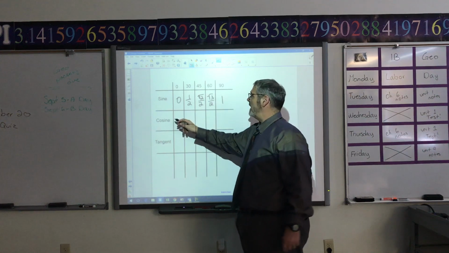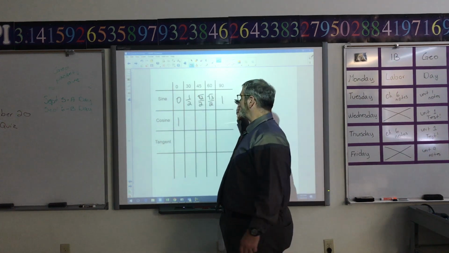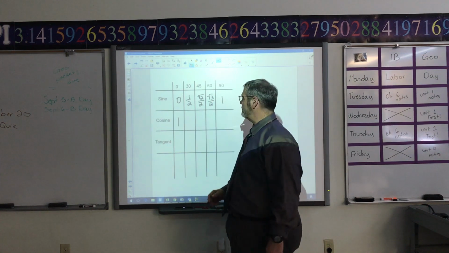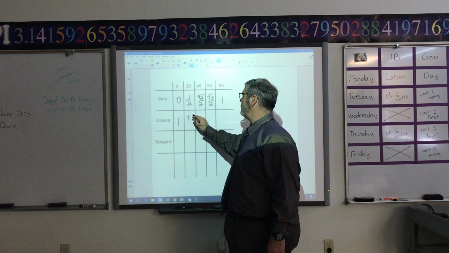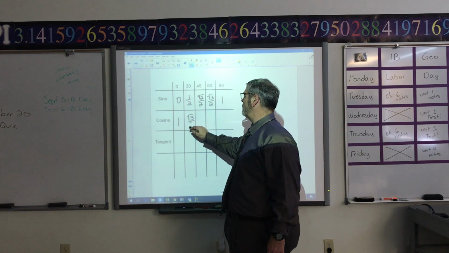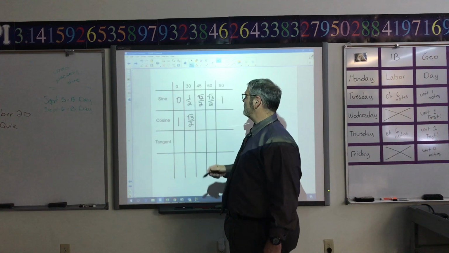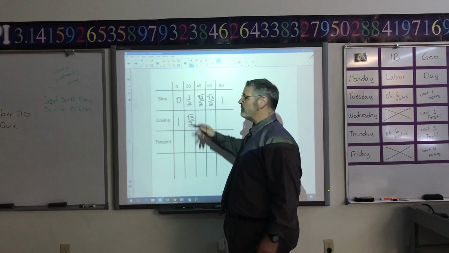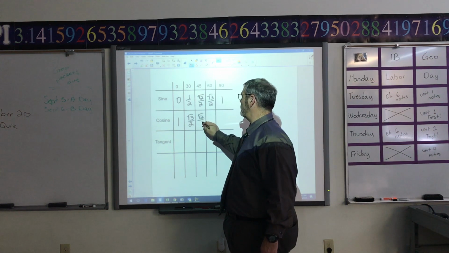The cosine of 0 is 1. You'll see that it's the same thing in the opposite direction. The cosine of 30 degrees is square root of 3 over 2. The cosine of 45 is going to be the same thing, square root of 2 over 2.